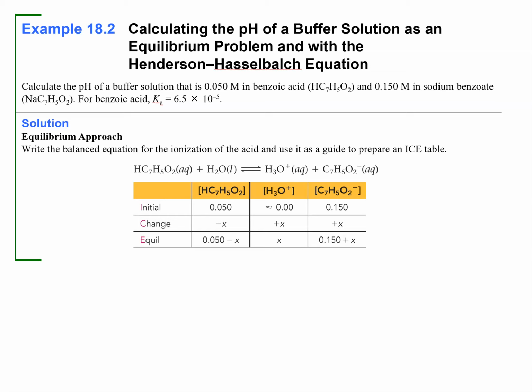So we can write the balanced equation for this reversible dissociation, where benzoic acid in water reversibly dissociates, forming our hydronium plus our benzoate anion. And we're just going to set up the ice table rapidly, where initial concentration is 0.050 moles per liter of our weak acid and 0.150 moles per liter of our conjugate base.